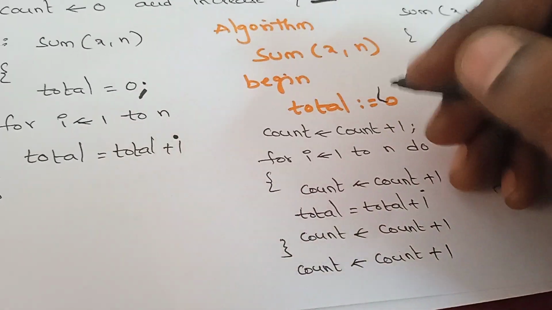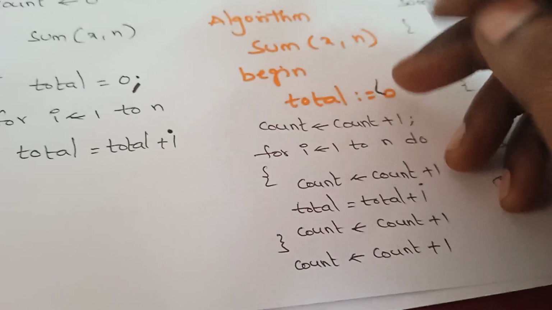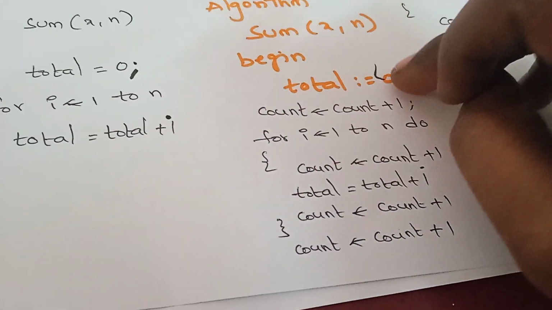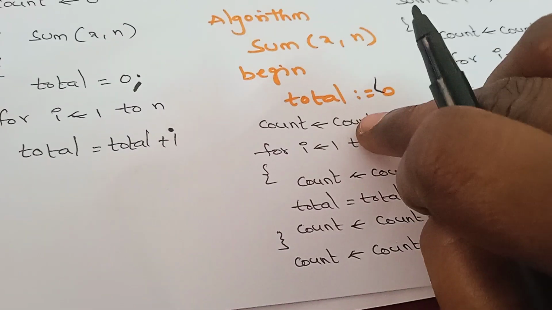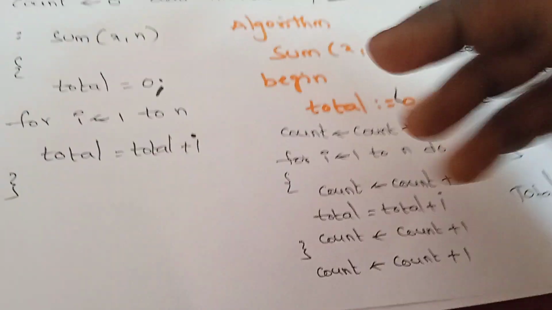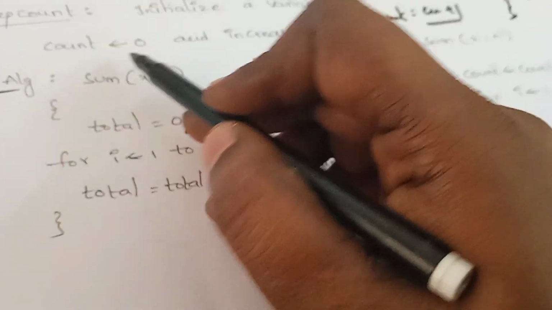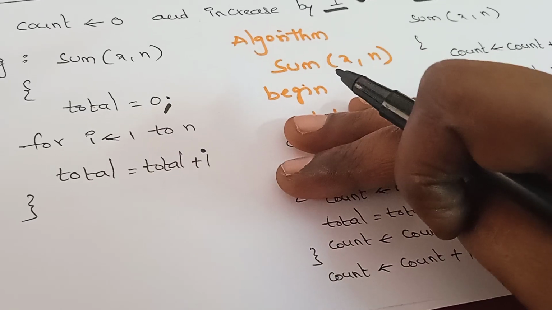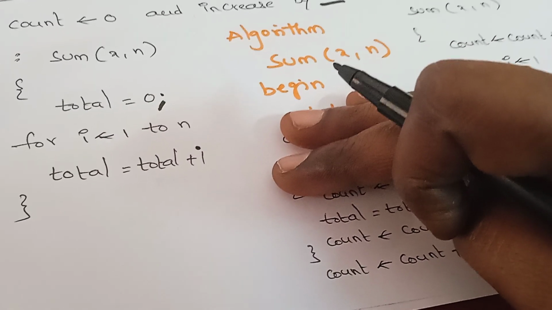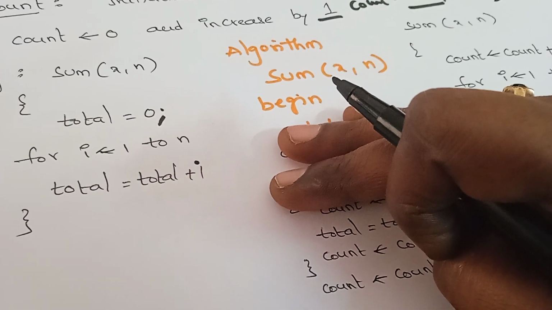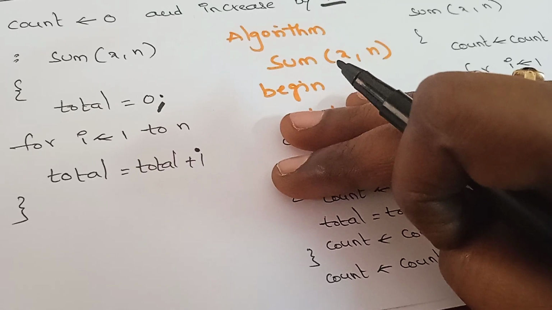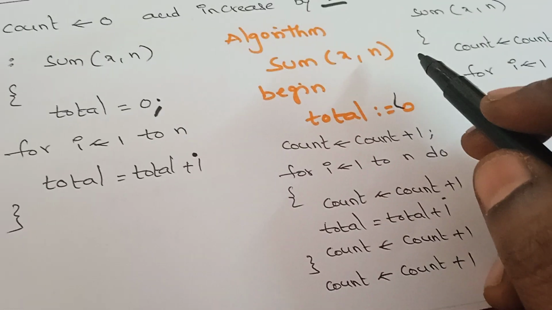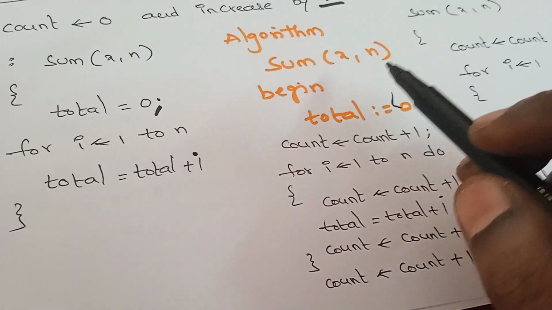To execute this line, total is equal to 0, we need some time, right? So my count has been increased by 1. Initially count is 0, and till the line sum x comma n begin I don't have any variable, so my count is as usual 0. When I have taken total is equal to 0, my count has been updated.